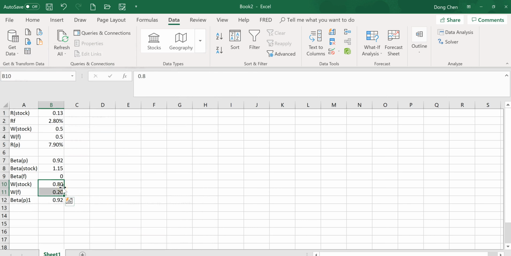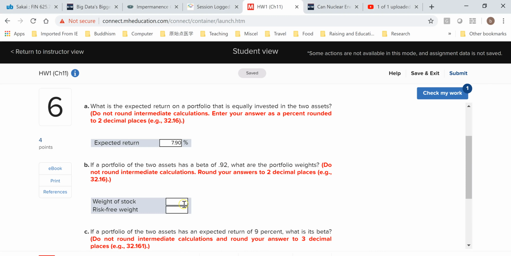The reason I want to change the format here is because sometimes this may be 0.8284, so if you only keep 1 decimal place, this will also show up as 0.8. But that may not necessarily meet the tolerance level requirement of Connect.